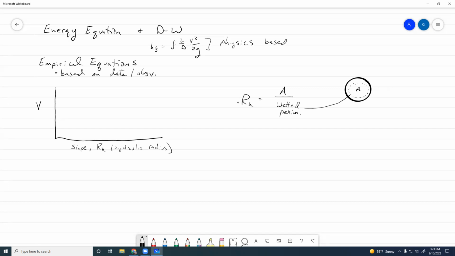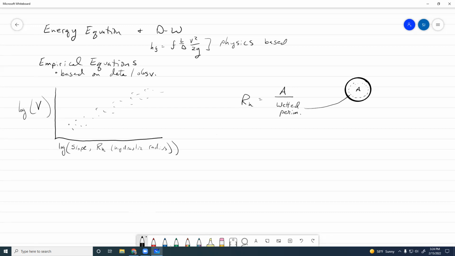And so we could measure these things in pipe flow or open channel flow and calculate the velocity and get a bunch of data. And often we take the logs of these. This is not a real equation that I'm writing out here, but I'm just showing it as an example. By taking the logs of these, often they have a nonlinear relationship.